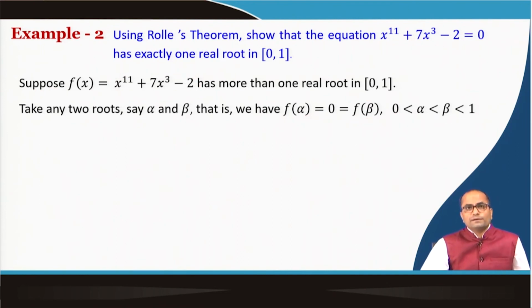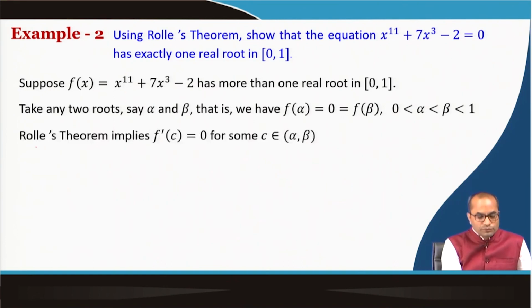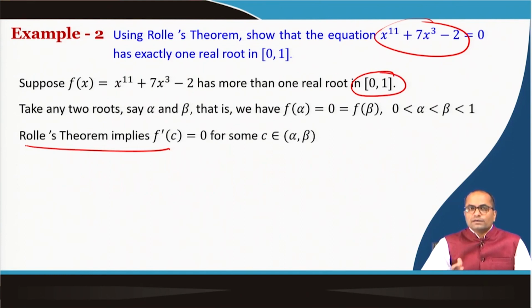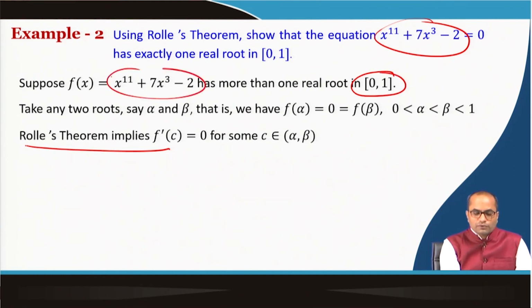So, what we do now, we apply Rolle's theorem, because our function is continuous and differentiable in the interval 0 to 1. We do not have to check that, it is a polynomial, and this polynomial obviously fulfills all these continuity and differentiability conditions. Also, we have f(alpha) equal to f(beta) equal to 0.